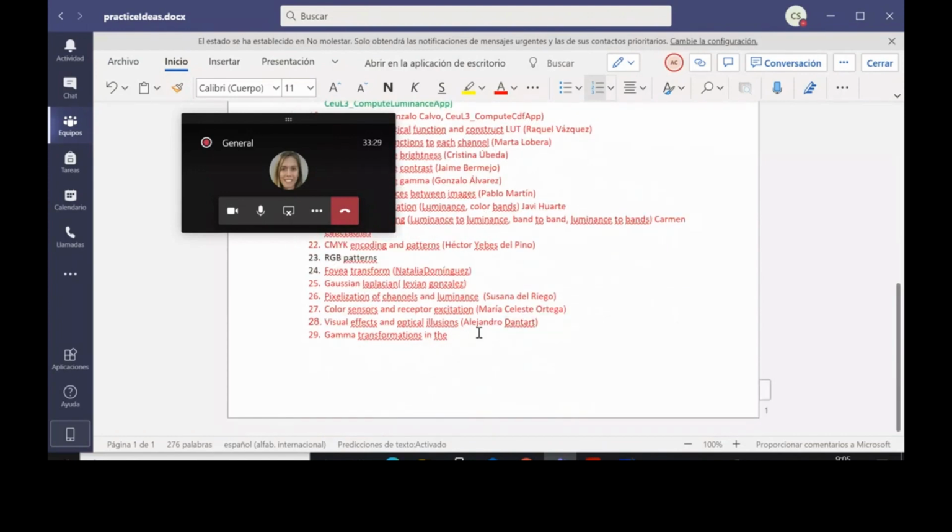So this is lecture 5. Gamma transformations in one channel. And the other one is color cube intersect.